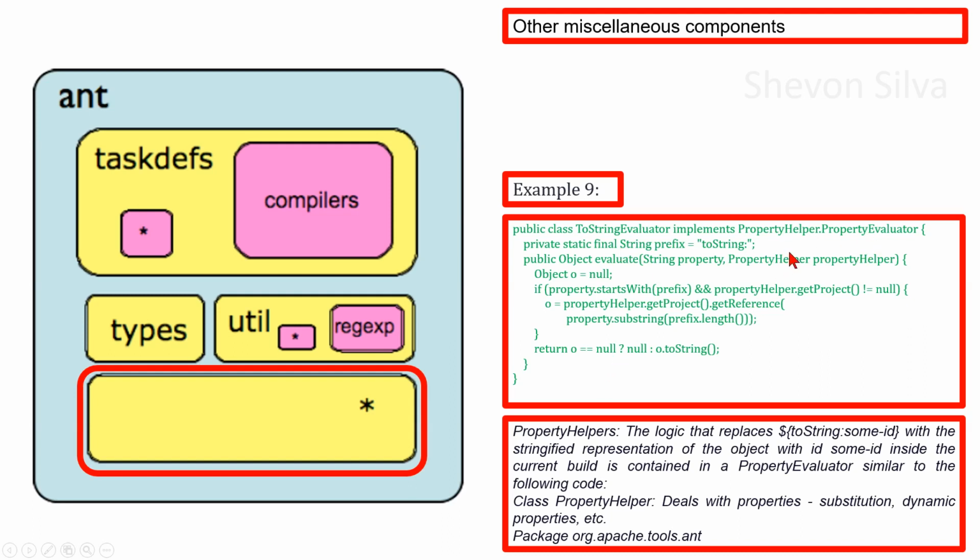The class PropertyHelper deals with properties, substitution, dynamic properties, etc. This is in the package org.apache.tools.ant.